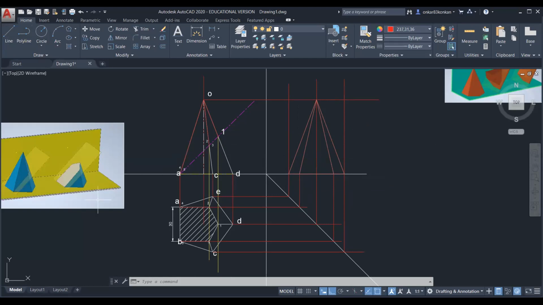So you can observe this three-dimensional image. This is the point 1. Then this is point 2 and 3, and this is 4 and 5.